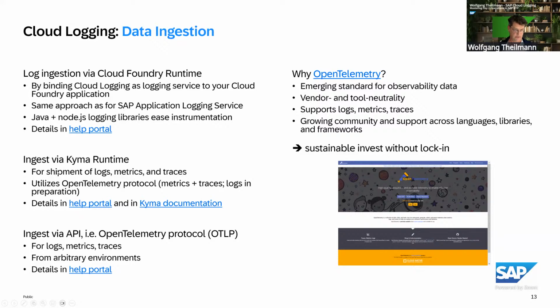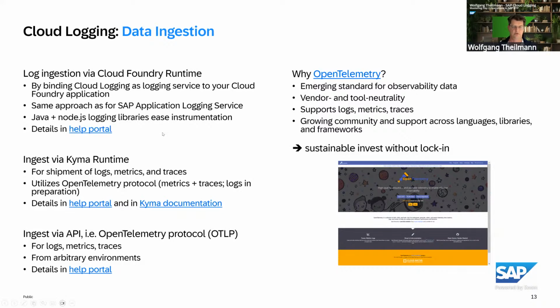For Kyma, the shipment for logs, metrics, and traces is already built directly into Kyma, which relies on the OpenTelemetry protocol. So far, for metrics and traces it is OpenTelemetry, while logs are still in a traditional JSON-based format, but there too, the switch to OpenTelemetry is in the last phase of its development or delivery.